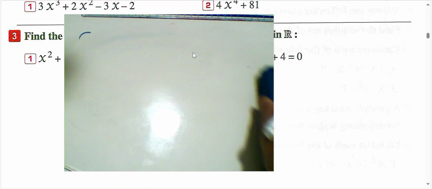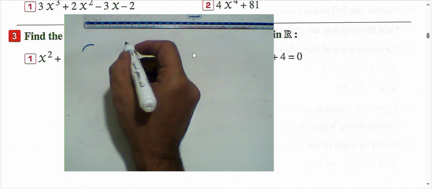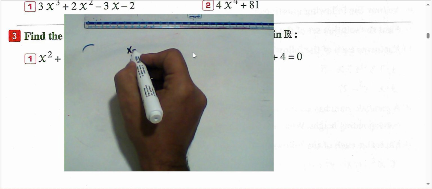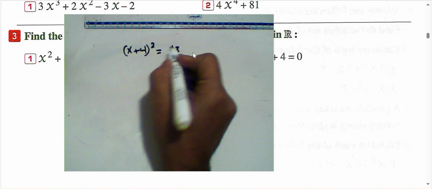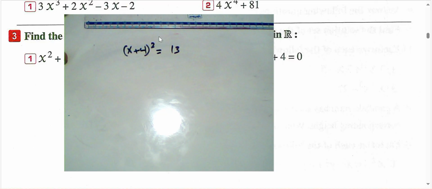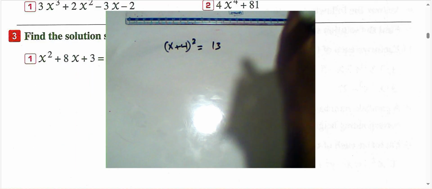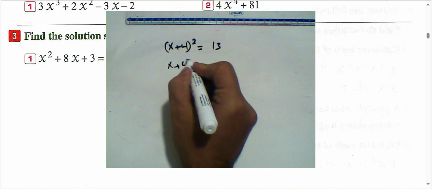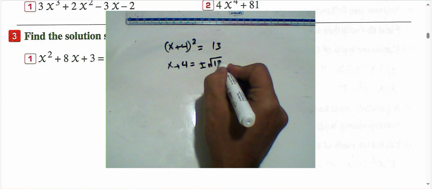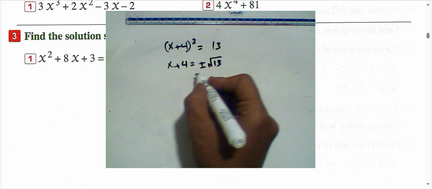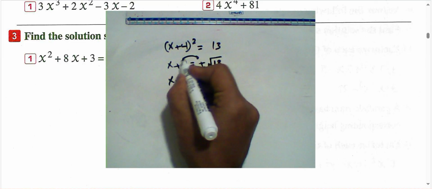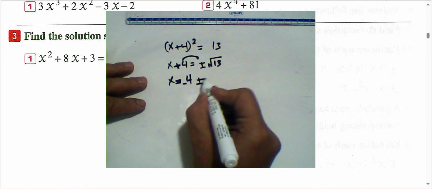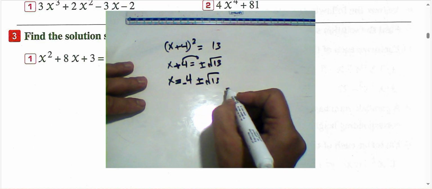Complete with me. (x + 4)^2 = 13. Then we can write x + 4 = positive or negative square root of 13. We have x = -4, moving 4 from the left-hand side to the right-hand side, positive or negative square root of 13.